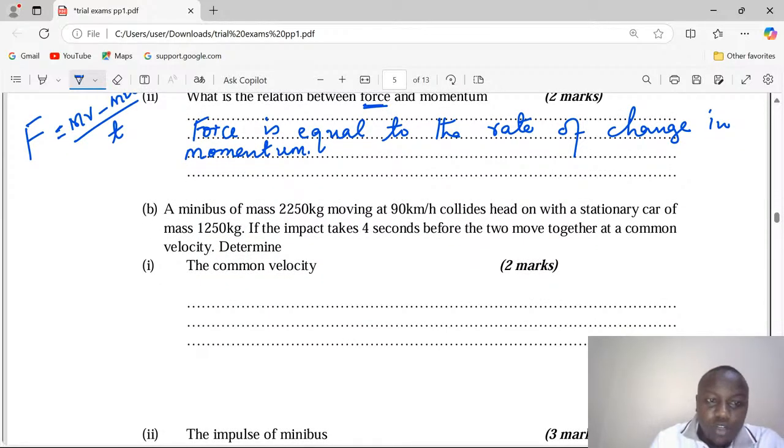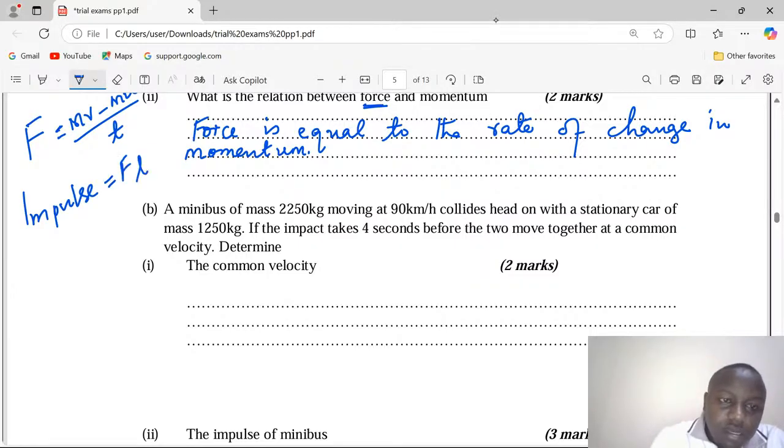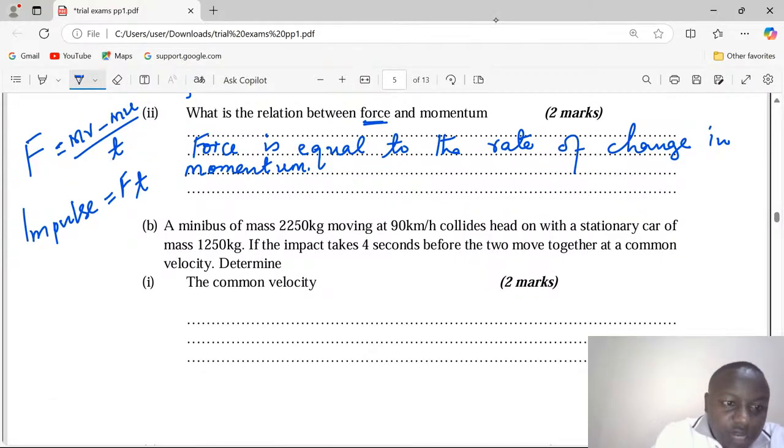Remember, there is another quantity called impulse. Impulse is on a different note now. Impulse is given by Ft, which means when you cross multiply the above equation by t, you'll have Ft being equal to mv minus mu.